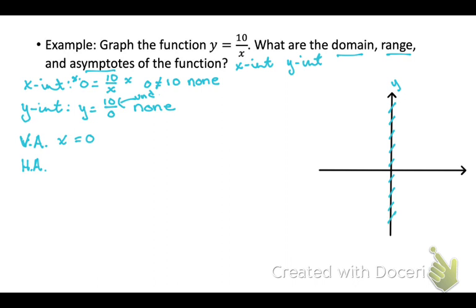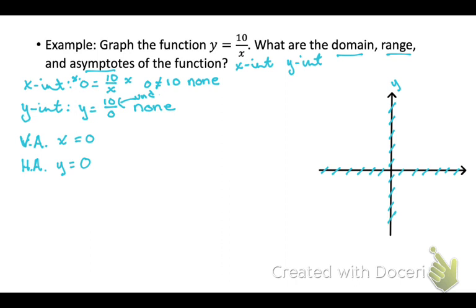Is there any number that you can plug into 10 over x and get 0? No. Because the only way it could become 0 is if the denominator is 0, and can the denominator be 0? No. So it's going to be y equals 0. Okay, so we're going to put another slanted dash line.